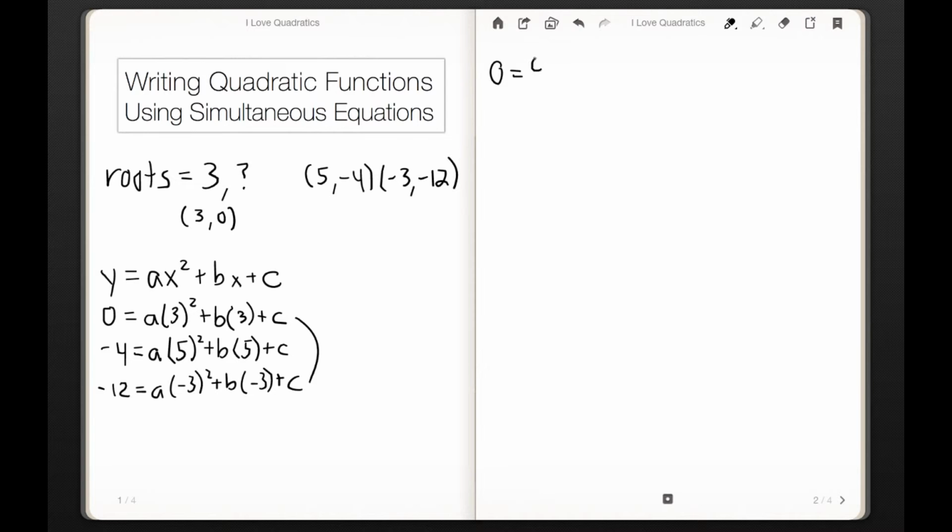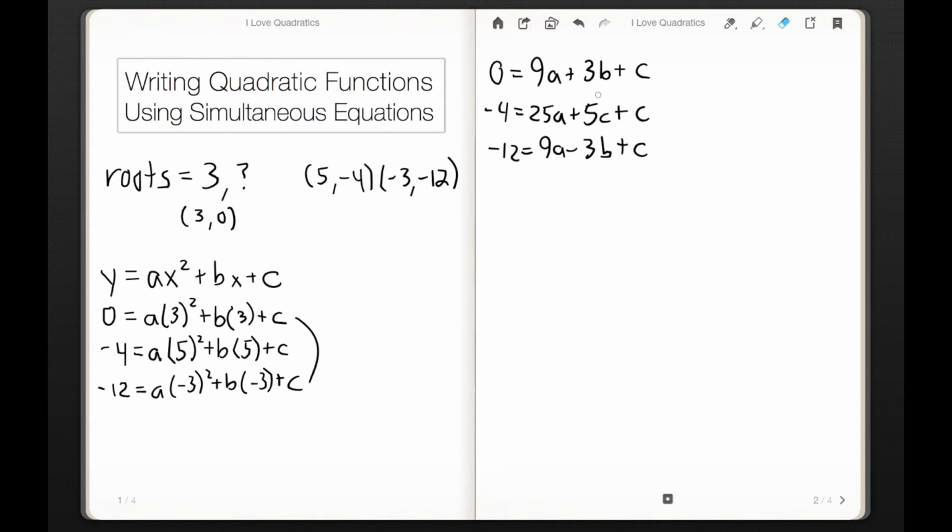So we're going to get 9a plus 3b plus c. And now here we're going to get 25a plus 5b plus c. And for the last one, we'll get 9a minus 3b plus c. So now we have a system of equations, 3 simultaneous equations, 3 variables.